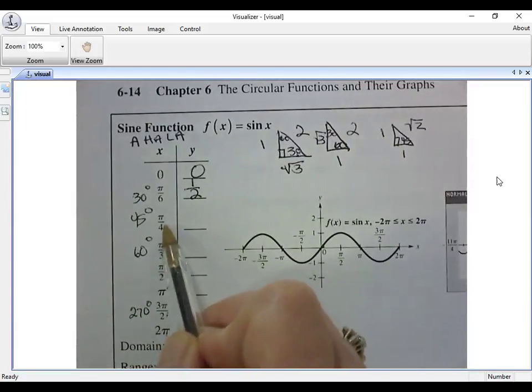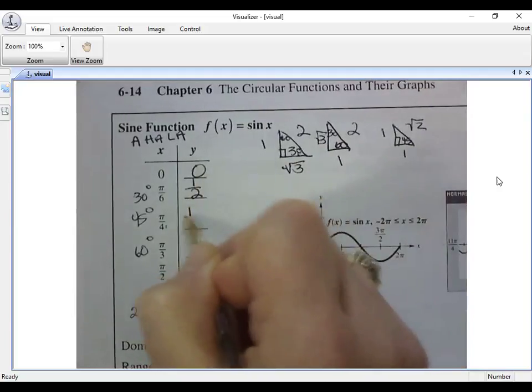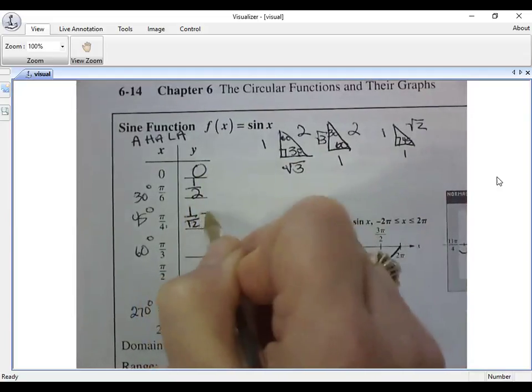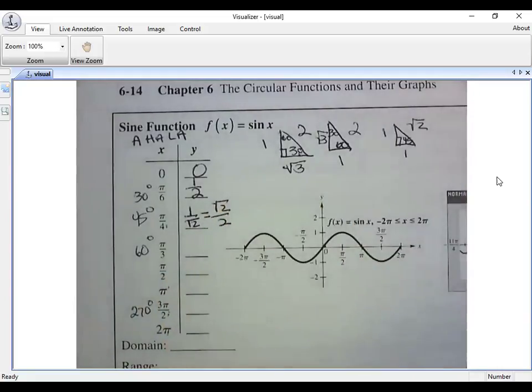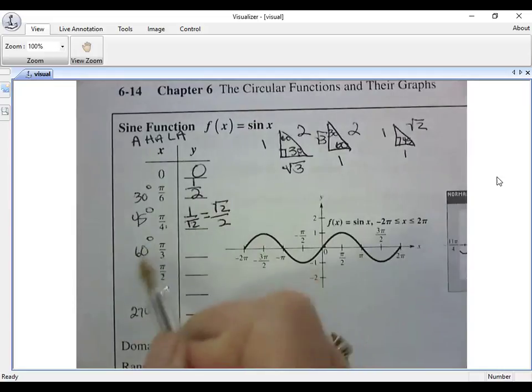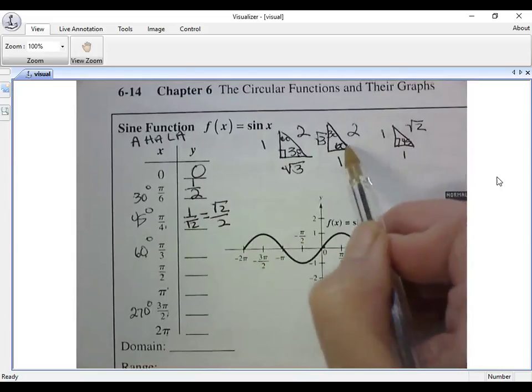Okay, 45-degree angle. Looking at this triangle, what's going to be my sine ratio? That's right, 1 over square root of 2, which will be rationalized as square root of 2 over 2. Okay, now give me the sine ratio on a 60-degree angle. Look at your triangles carefully.